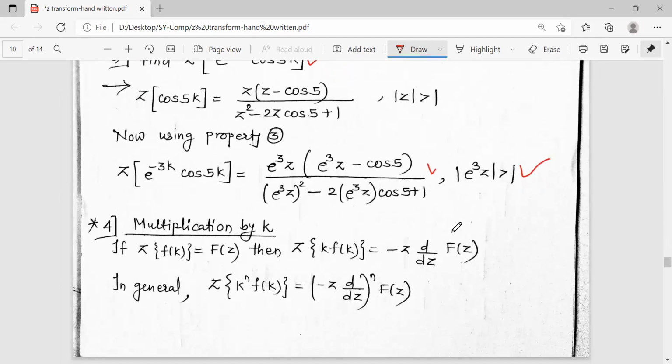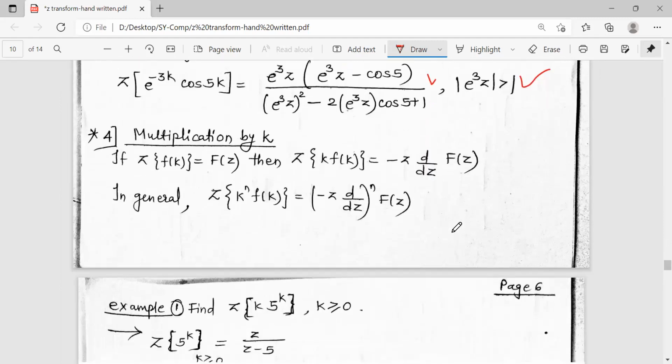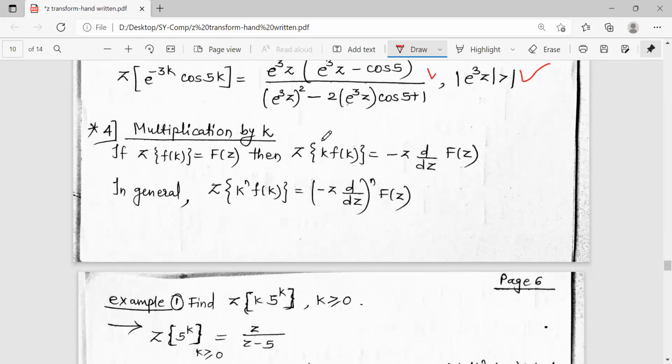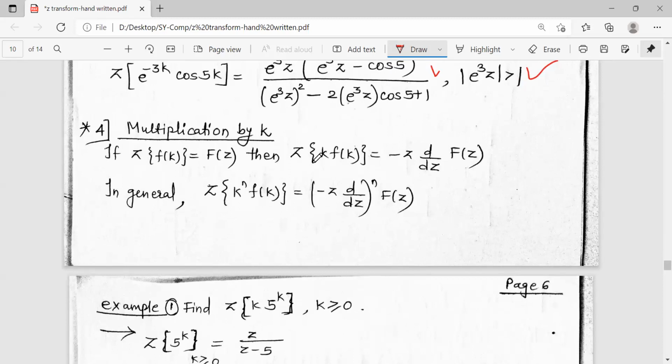Okay. Similarly, multiplication by k. The z transform of f of k is f of z. This is the consideration. Then if that f of k is multiplied with only k, this is the only term, the k term used here, it gives you minus z d by dz of f of z.